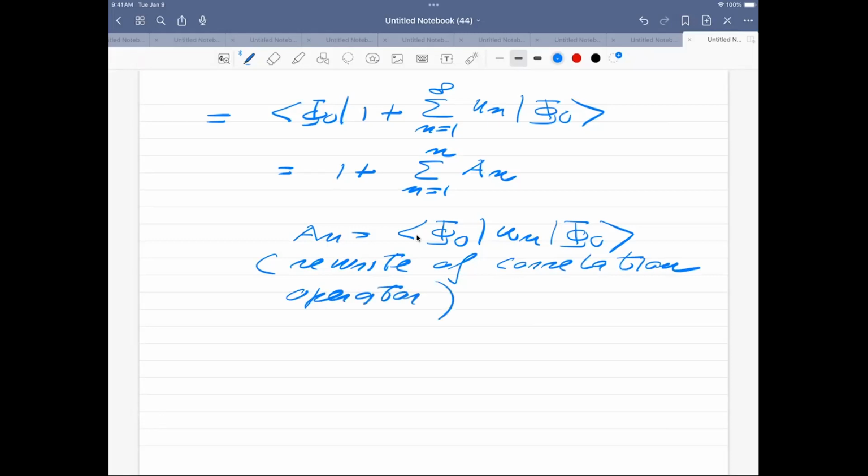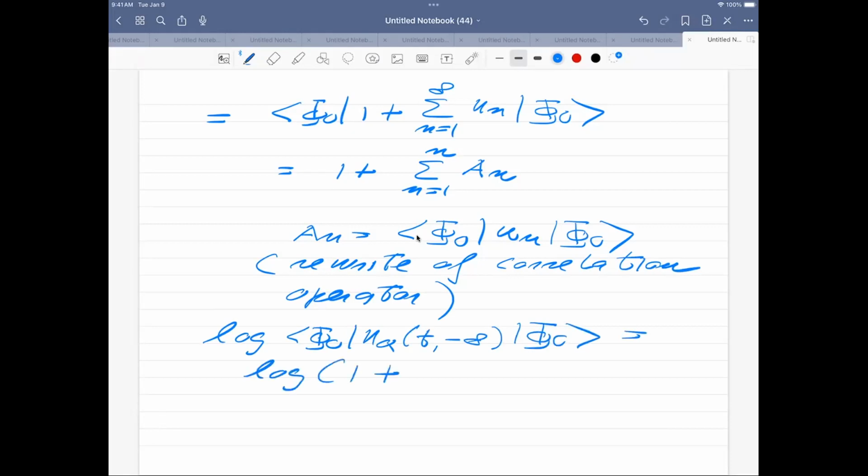So what we can do next then, if we take the log of this quantity, so we take the log of the ⟨Φ0| U_α(t, -∞) |Φ0⟩, and this is where we will stop today, and we will pick up this tomorrow. This is the same as log of 1 plus this term, the sum over n of A^(n).